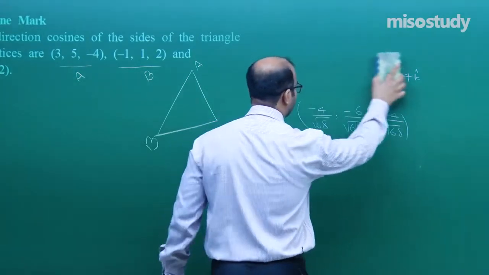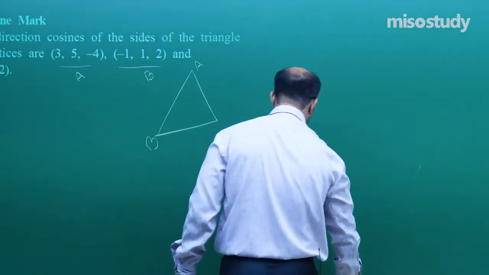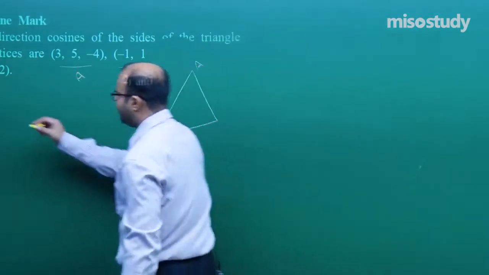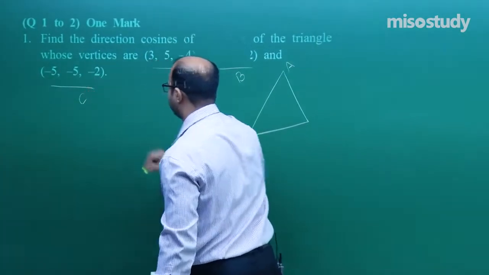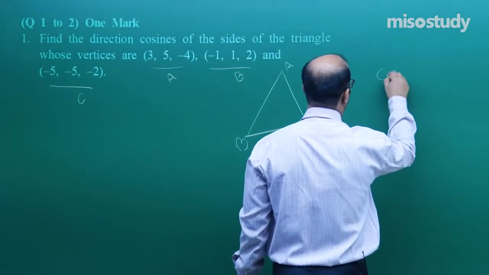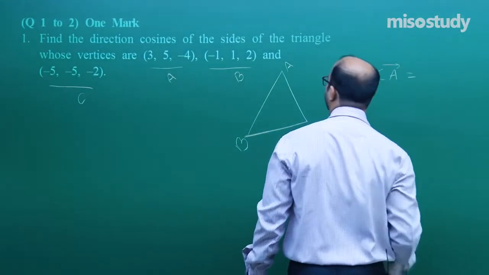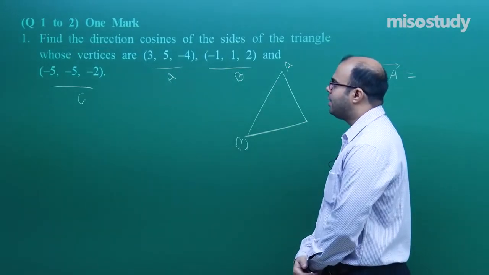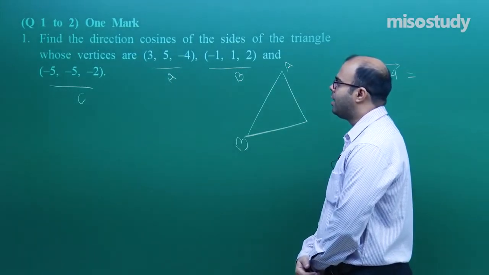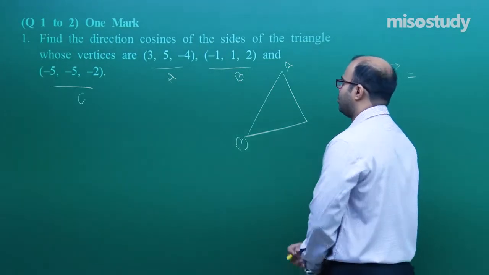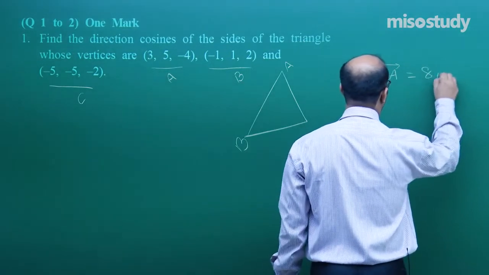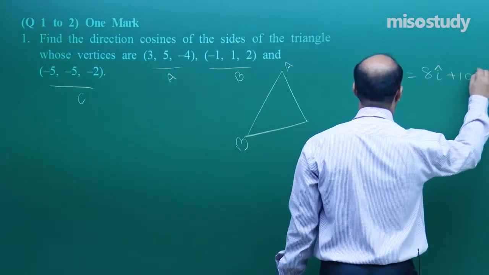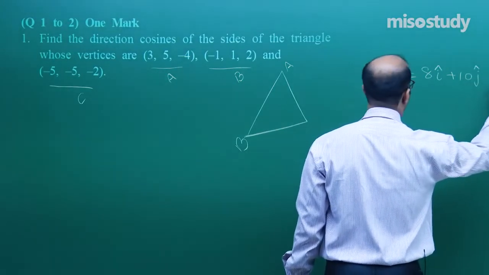When we talk about the third side CA, that is, the vector C to A, we take this vertex as C. CA is the position vector of A minus the position vector of C, which gives you 8i cap, then 10j cap, and then minus 2k cap.